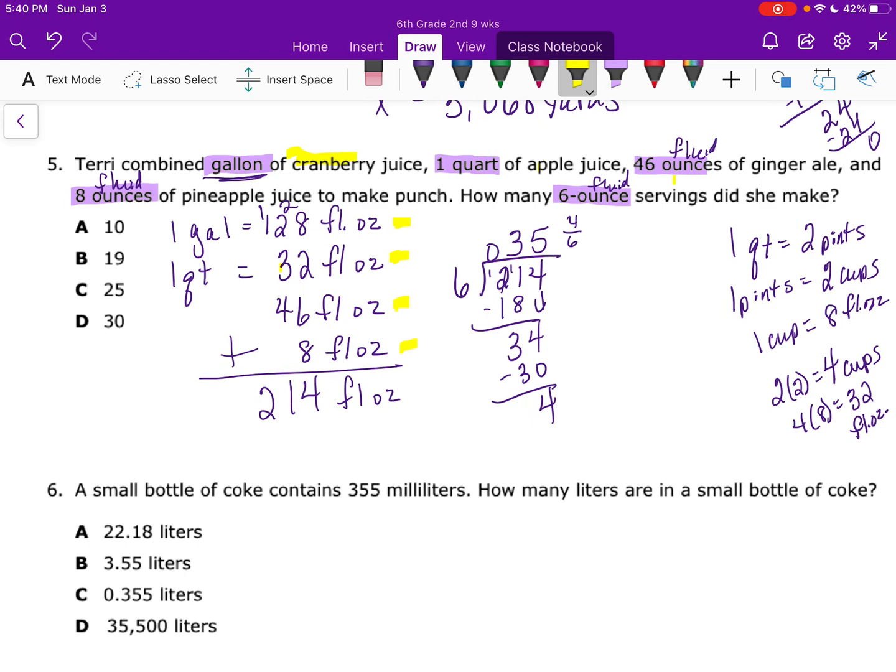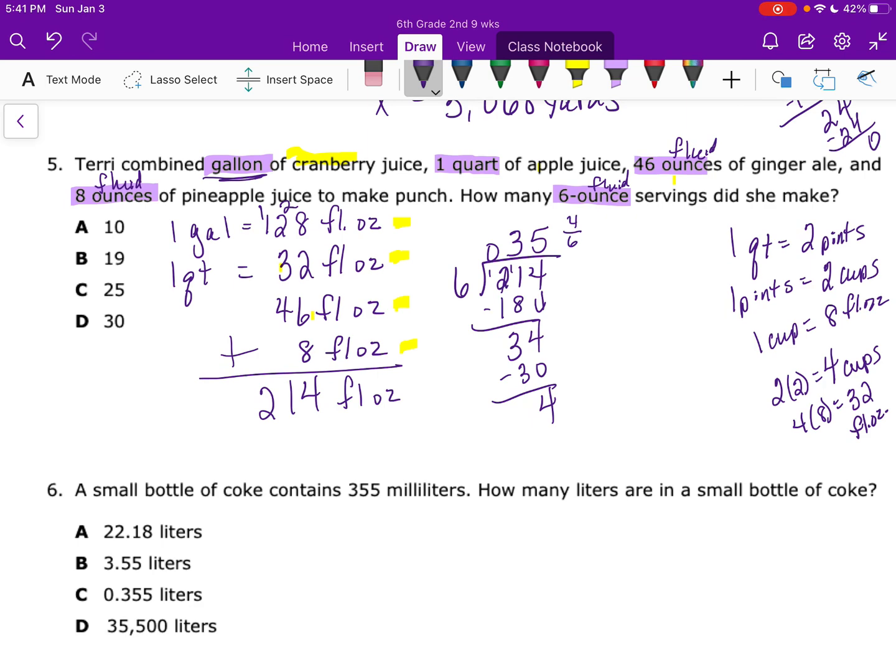I guess the answer is just not there because we did all this right. That's 32, 46, let me add it one more time. So 10, 16, 24, yeah. So I guess there was just a mistake in the answer.